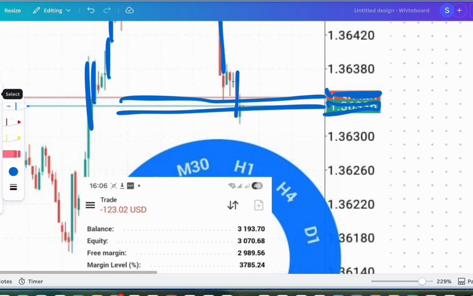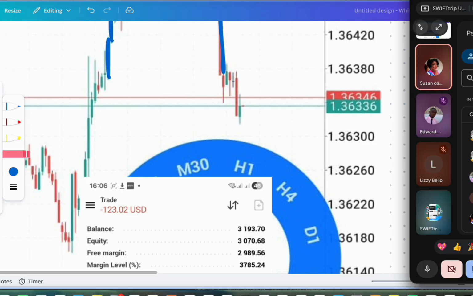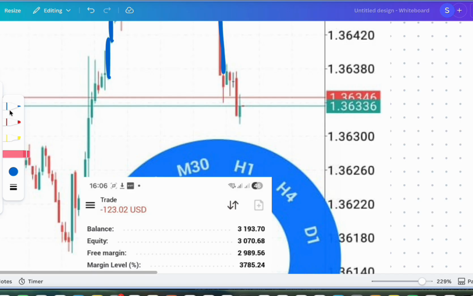Okay, the red line is the sell line. It's to sell. The green line is to buy.